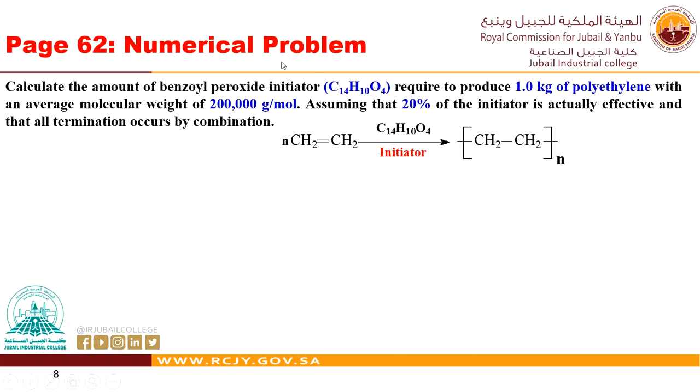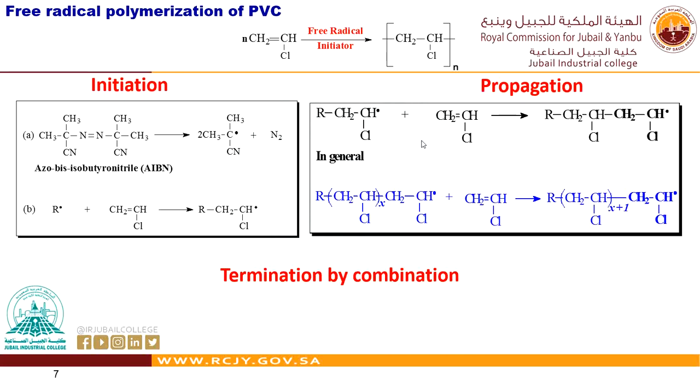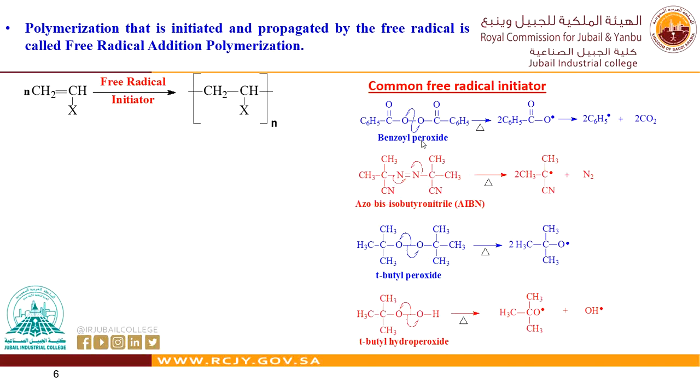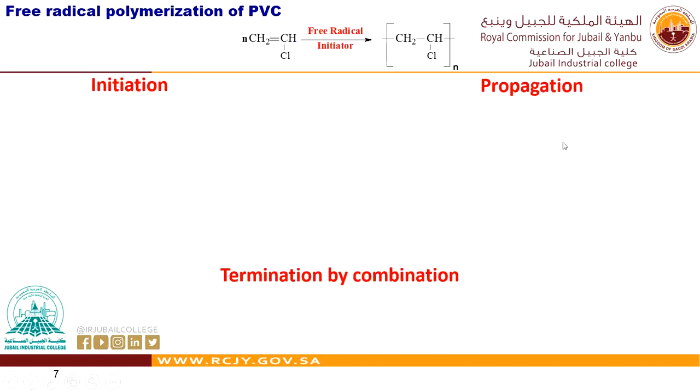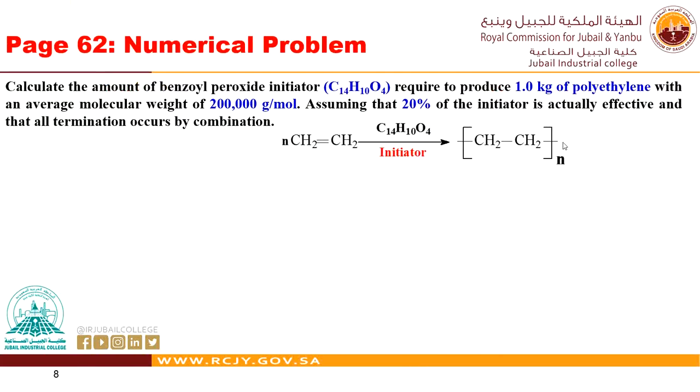So this information is represented here: we have ethylene, and the initiator for this polymerization is benzoyl peroxide, which is C14H10O4. If you look at our previous slides, here, this is benzoyl peroxide. So benzoyl peroxide decomposes to give what? A free radical that will initiate a polymerization.